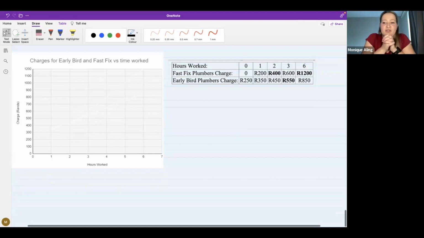Let me know if you need help starting this graph. But for now, can we just set up a graph? Because it's always important to practice graphs in case they do ask you to draw one. Because it's a lot of marks.